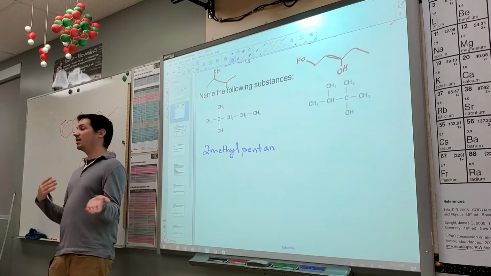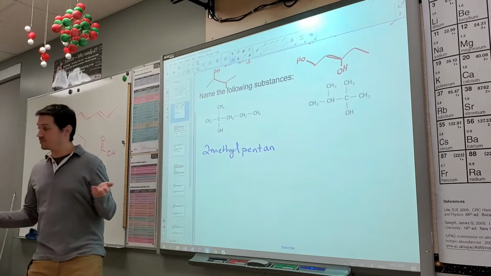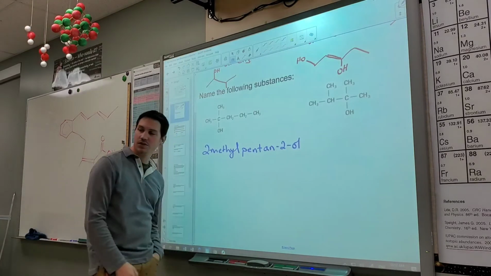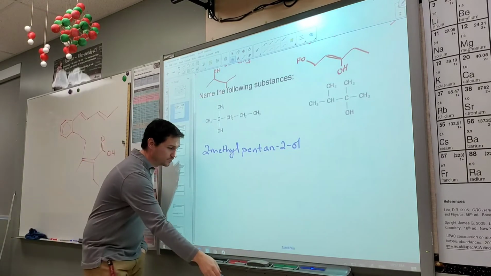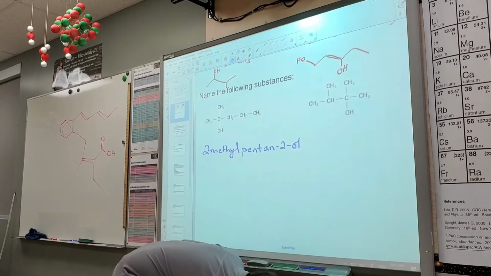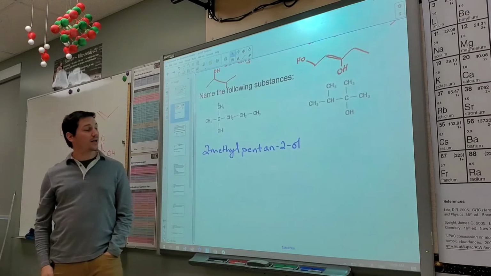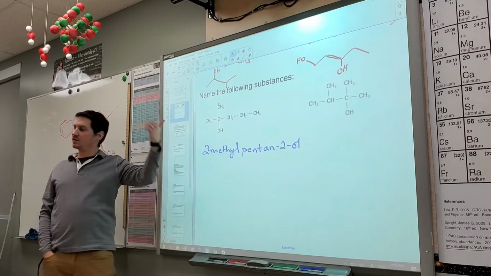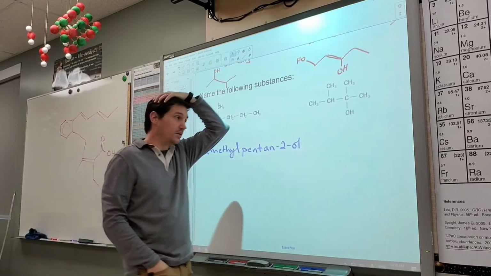Because you haven't indicated if they're all single bonds or double bonds or triple bonds. Pentan-2-ol. Good. So I could have started numbering from the left or from the right, but because the ol is closest to the left, that's where I started numbering from.